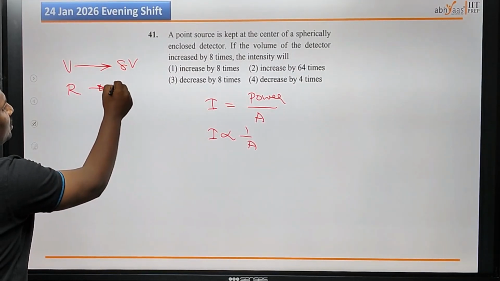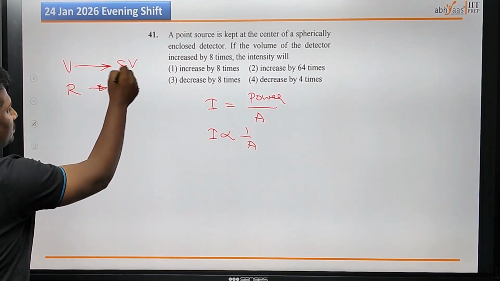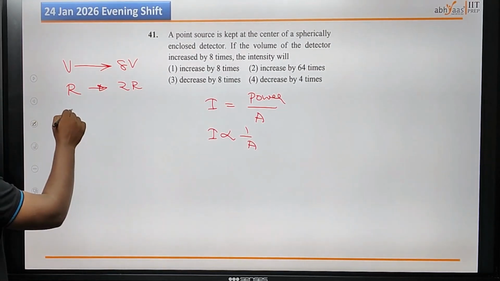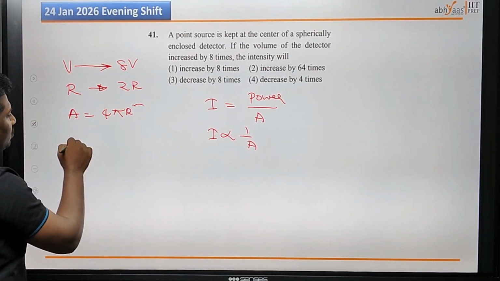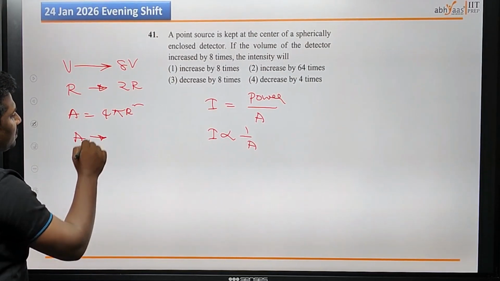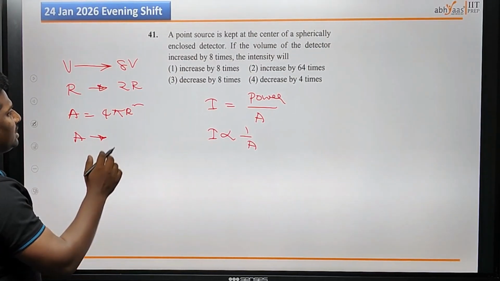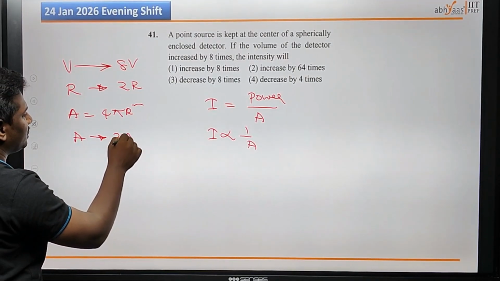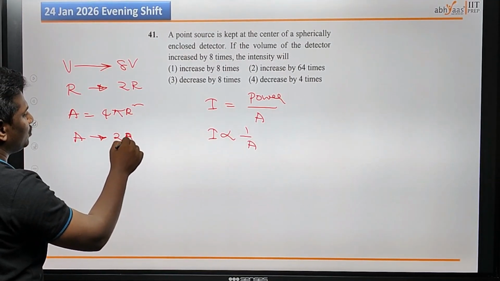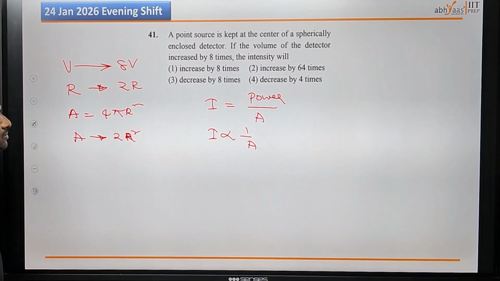R can be 2 times. That is 2R. How to find area? Area is nothing but 4 pi R square. So area is increased by 2R square times.